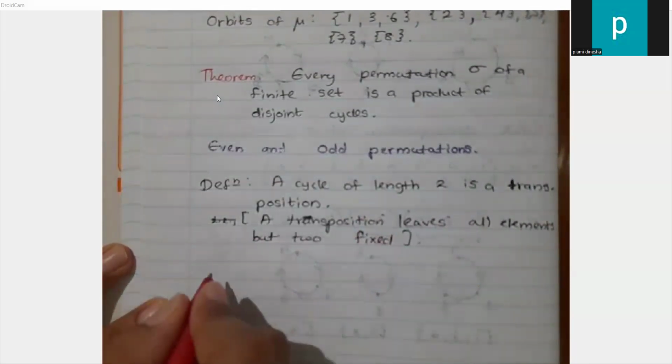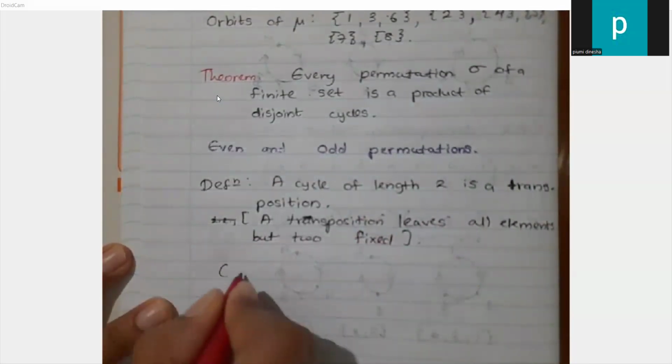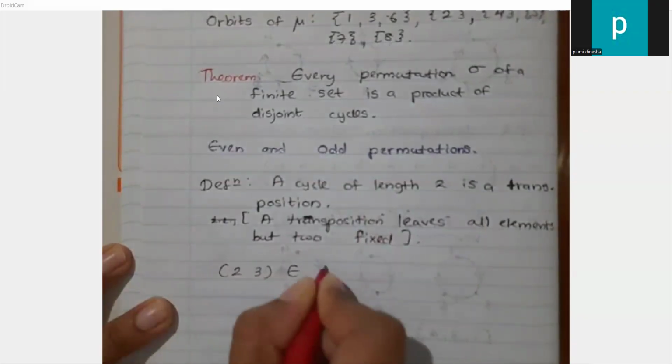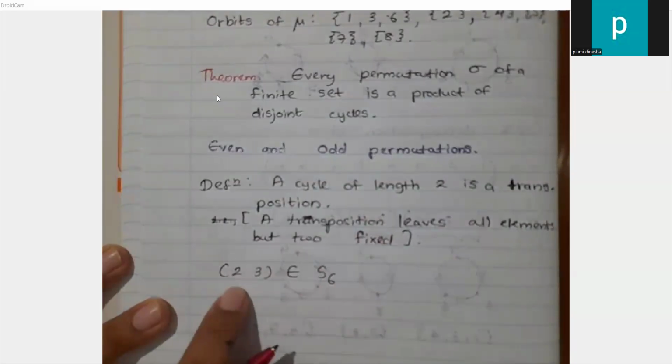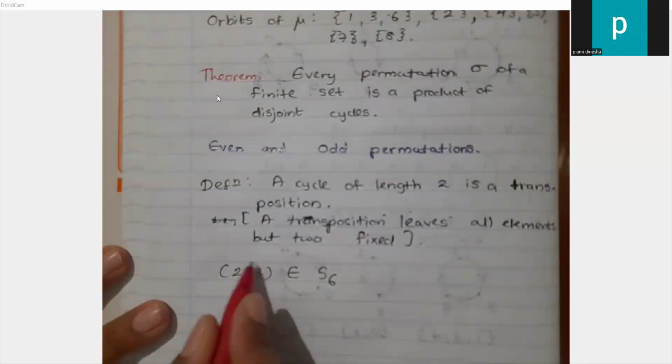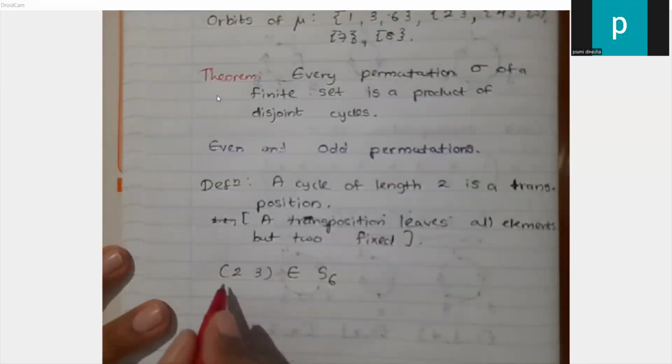For example, take the cycle (2 3) as an element in, let's say, S6. This permutation is in the permutation group S sub 6. S6 contains all permutations of the numbers from 1 to 6. This is a transposition because the length of this cycle is 2. You only see 2 elements in there.